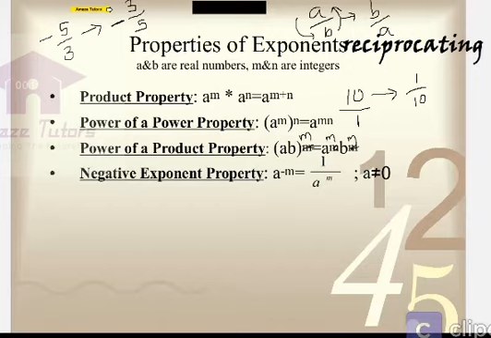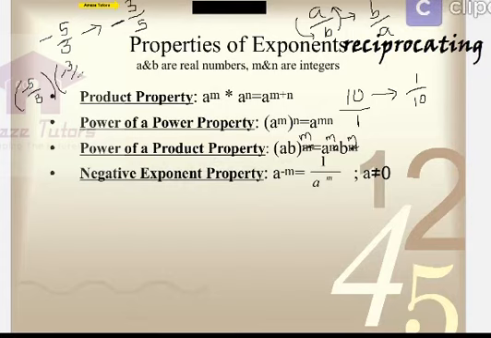I can tell you one more property of reciprocals. Whenever you multiply a number and its reciprocal, it will always give you the answer 1. I'll show you with the same example. When you multiply negative 5 by 3 with negative 3 by 5, its reciprocal, what will happen? 3 fives are 15, and 3 fives are 15 again.